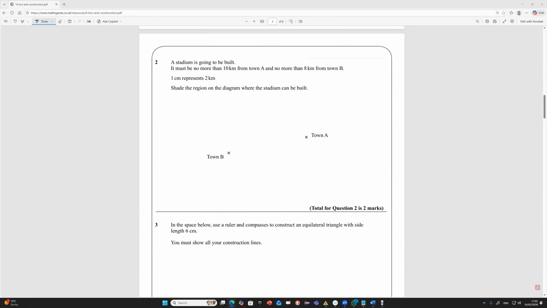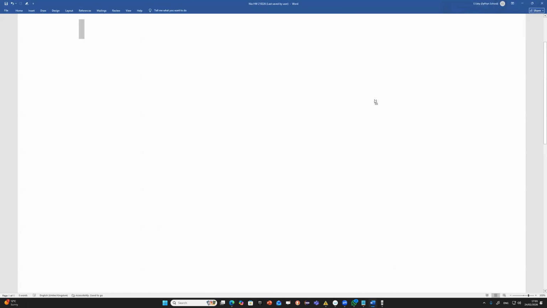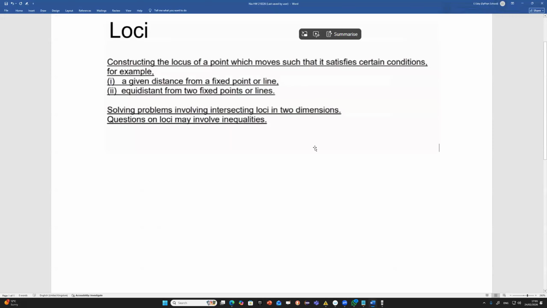It's really the same as constructing triangles. There's not much difference really. And equidistant, fixed point, line equidistant, and you've got to bisect as well. So effectively with loci, this is what you've got to be able to do. It sounds a lot harder than it is, but it's just the way they've written it.